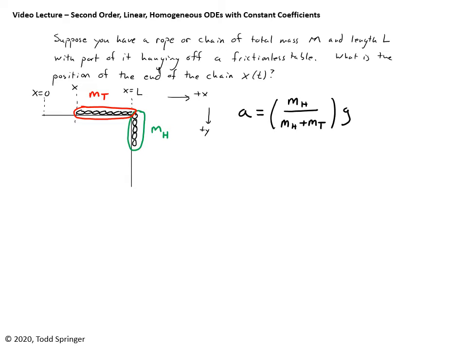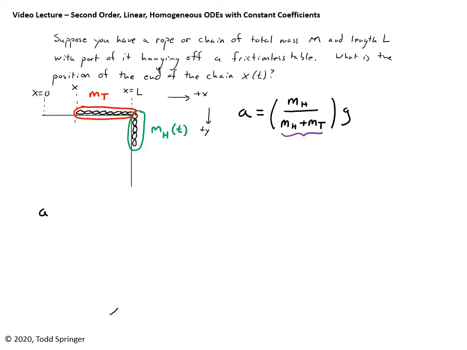Okay, so we very briefly derived this equation for the hanging mass, but now we said in the hanging chain example, this hanging mass depends on time, which means that the acceleration also depends on time. The denominator here, m_h plus m_t, is just the total mass. So that doesn't change with time, which is nice.